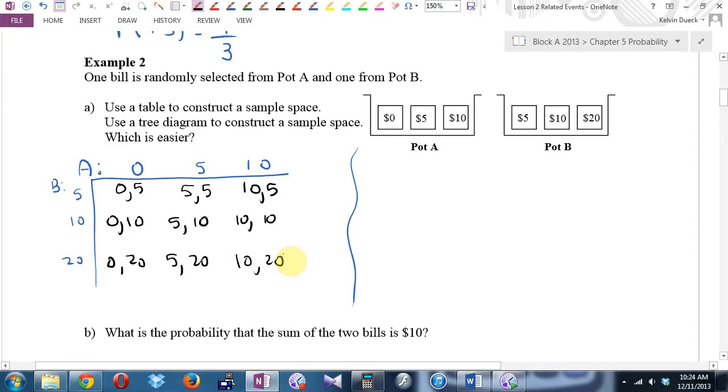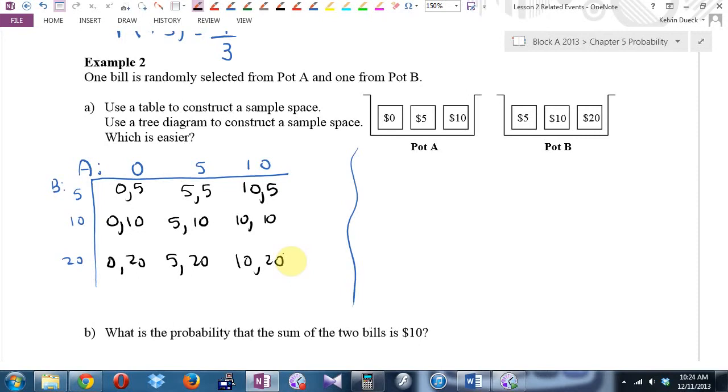How many outcomes are there? 9. Okay? And the sample space would be 0, 5, 5, 5, 10, 5, 0, 10, 5, you know what? That's good enough. I'm not going to rewrite the sample space.